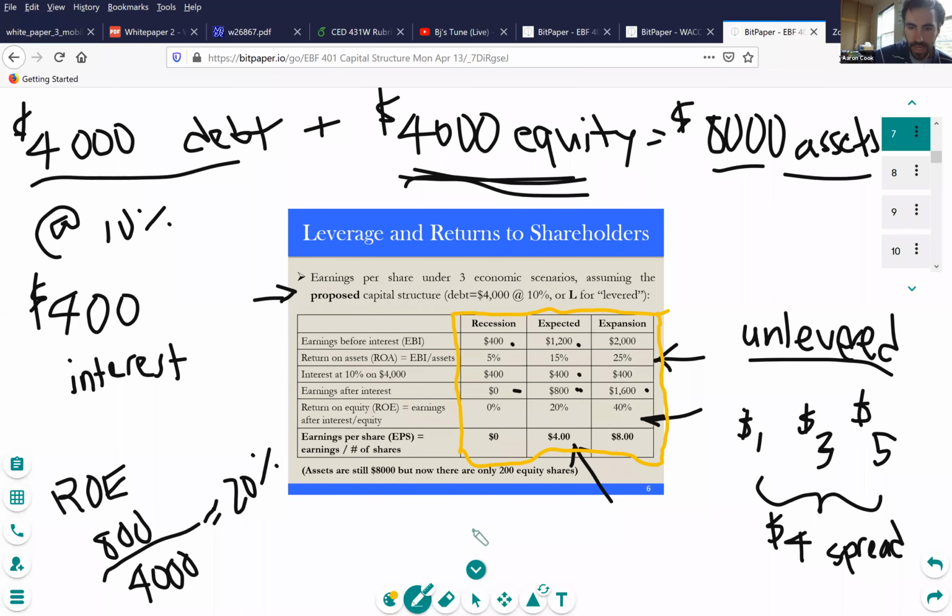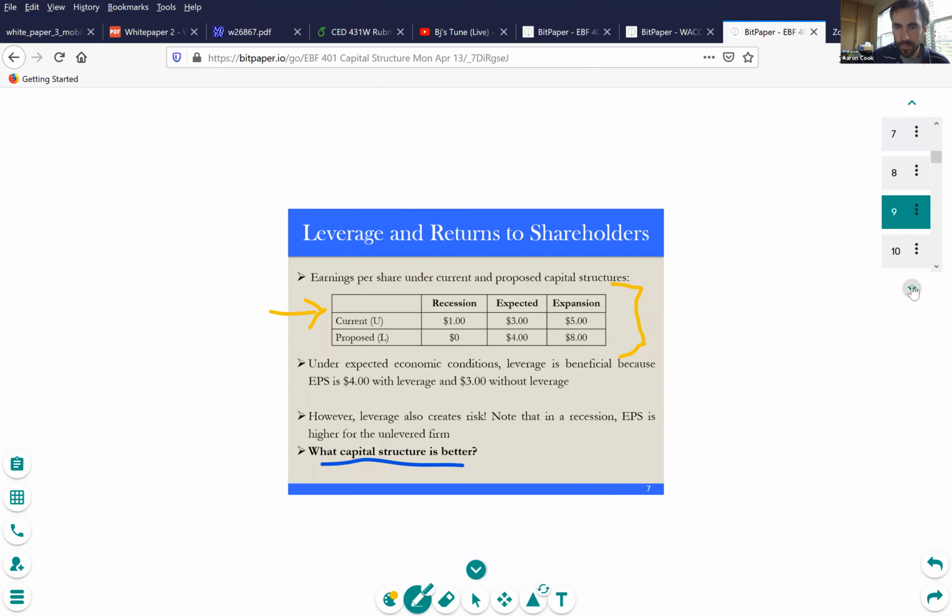We ended up seeing that those are going to involve $0 per share, $4 per share, or $8 per share in different states of the economy. So those are the returns that a particular investor is going to be earning as a result of making an investment in this firm.